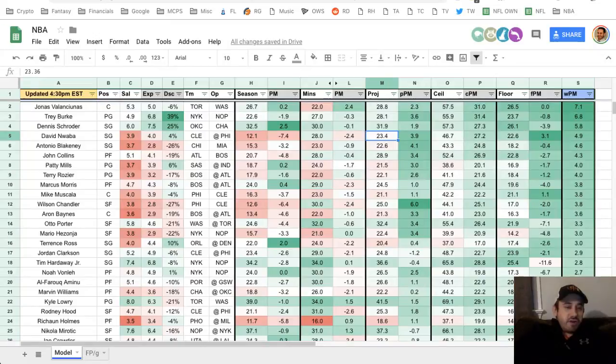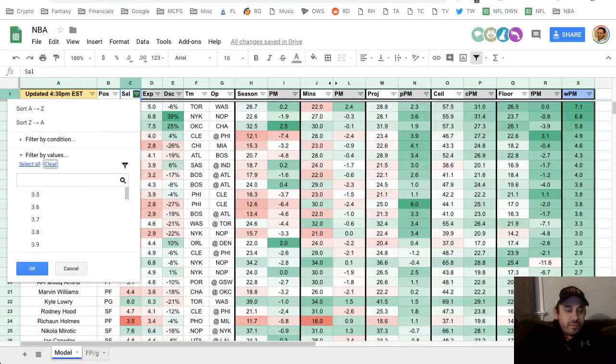Okay, like Terrence Ross, he's 4K, but you're getting a considerably higher discount with Terrence Ross, 4% to 10%. So, for example, if we filter out and we only look at cheap guys, let's go for 4,500 and less.